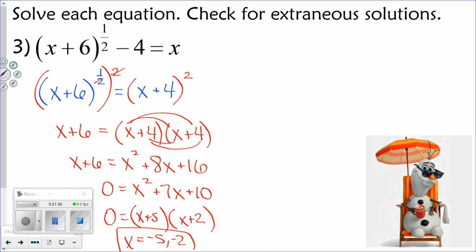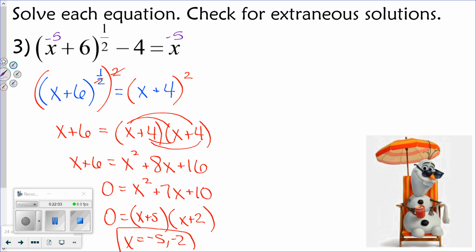All right. So checking. Back to the beginning, I'm going to plug in a -5. See if it works. Does -5 work? No? What do you get on this side? Good, because -5 plus 6 is 1.